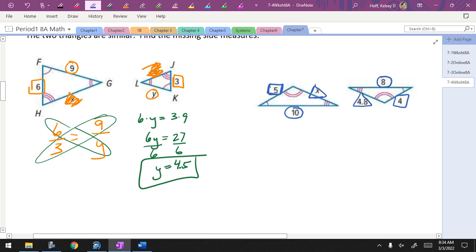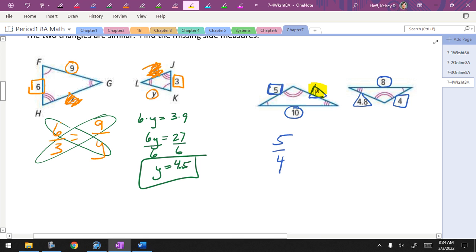Somebody raise your hand and tell me two numbers that go together. One from the left triangle, one from the right triangle. They're going to have the same shape around them. Marilyn, 5 and 4. Is there a different number we could choose or a different set of numbers? What could you choose? 8 and 10, absolutely. So we're going to choose 5 and 4. All right, now we're going to worry about x.